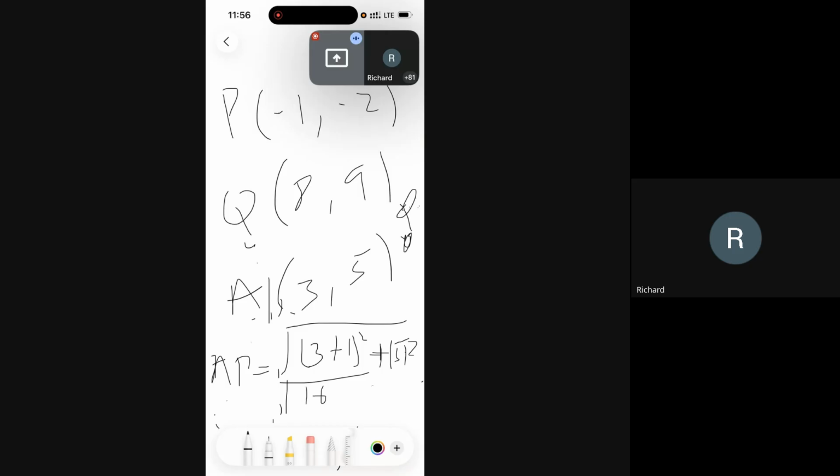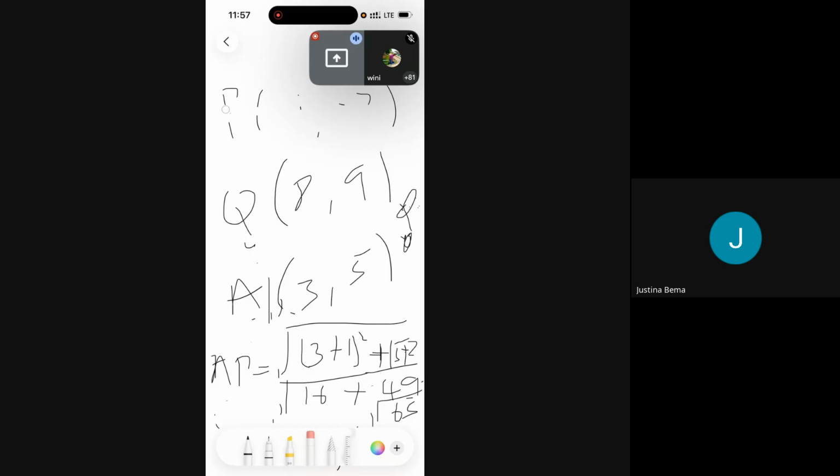Then plus the other one, 5 minus -2, which is 7, squared is 49. So 49 plus 16 is 65. So square root of 65. So that is my AP.